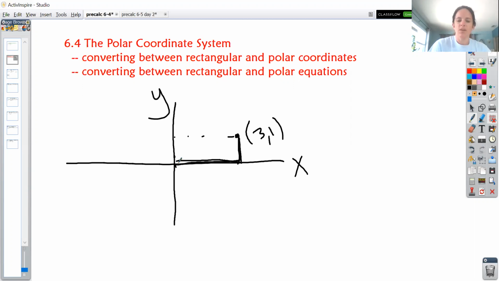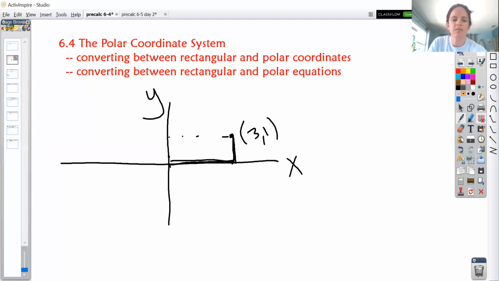The polar coordinate system, you could represent the same point, but the polar coordinate system is based off of a pole, which we locate right here at the origin, and then the radius out from the pole and the angle.